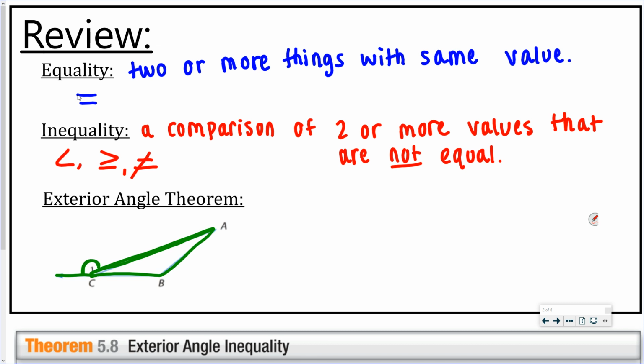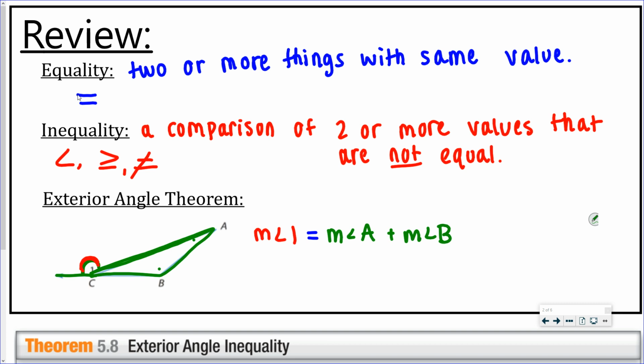We talked about how the measure of that exterior angle is equal to the sum of these two remote interior angles, or non-adjacent is another way to say that. So it's the same as the sum of the measure of angle A and the measure of angle B in this case. Those two interior angles that are not touching it.